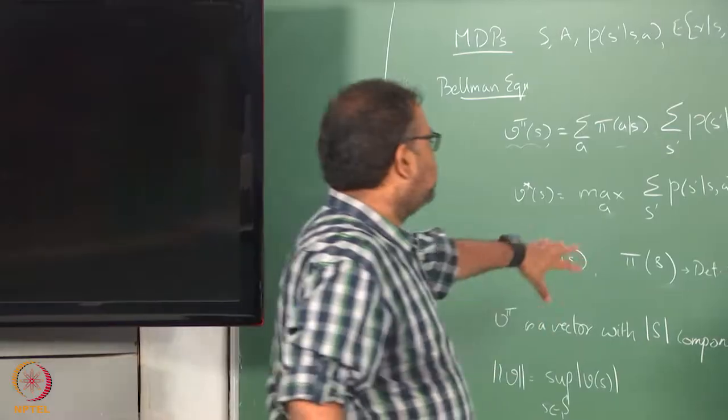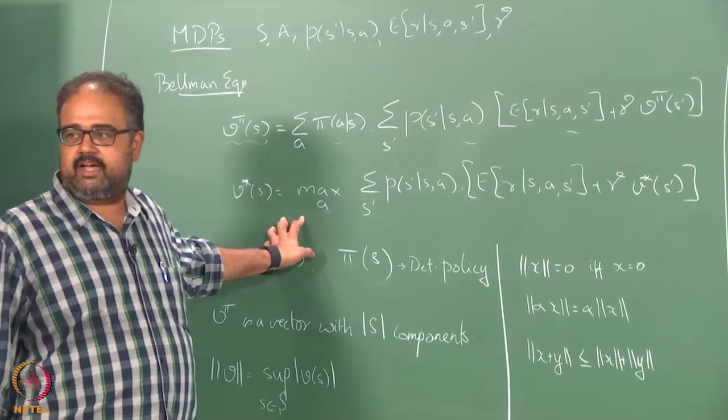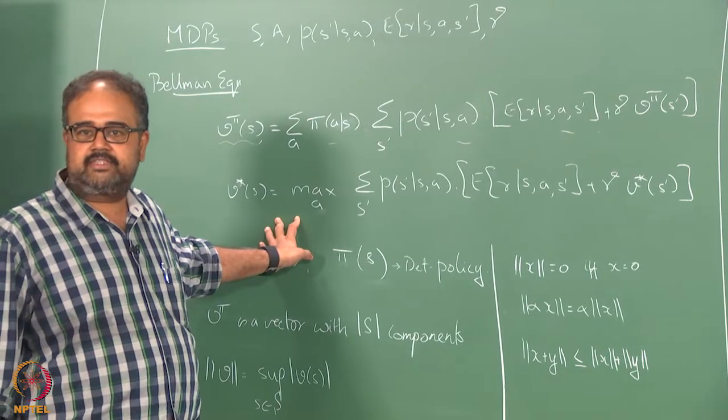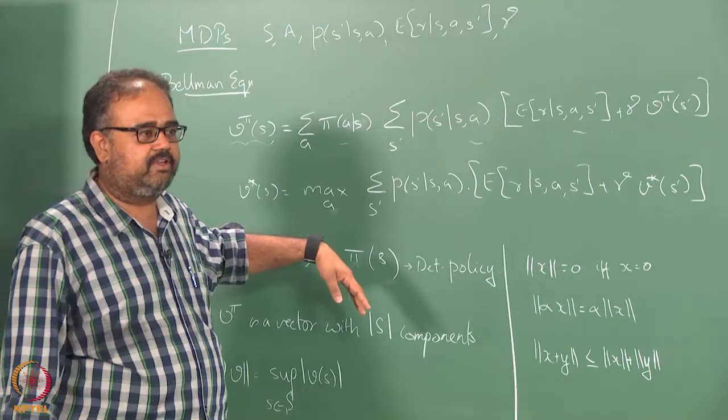Likewise, if I can define an operator for the optimality equation, it will tell me that V star is a point in space V such that if I apply the operator, let us call it L, on it, it will give me back V star.